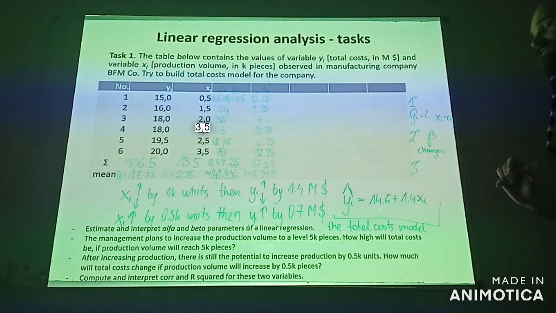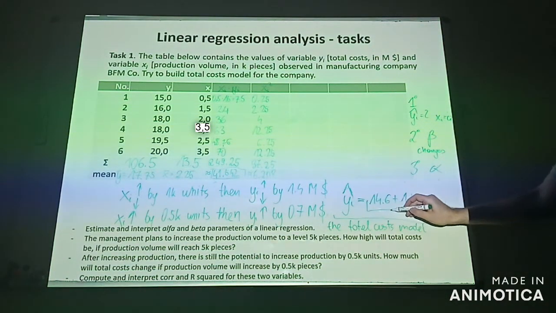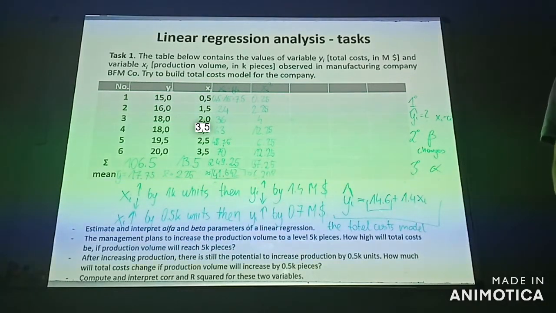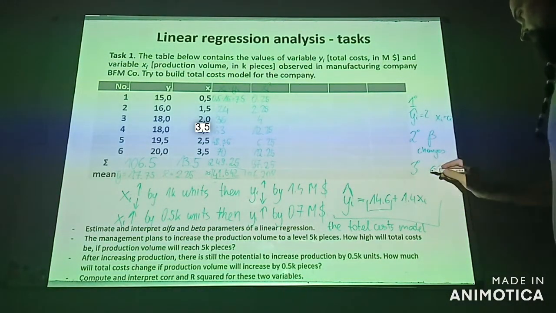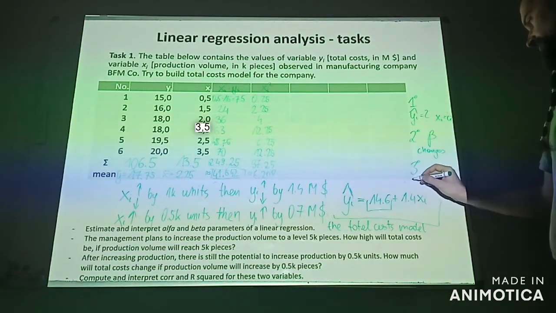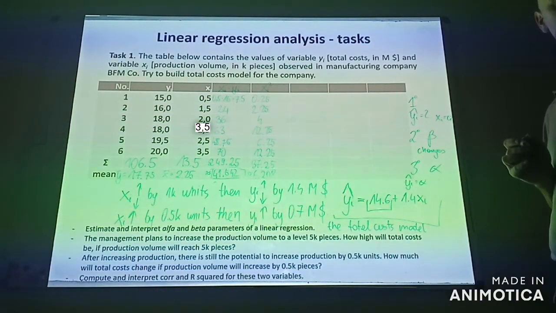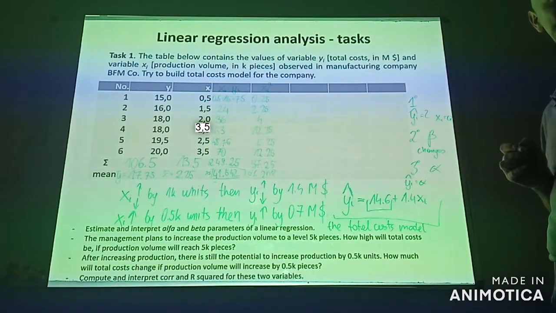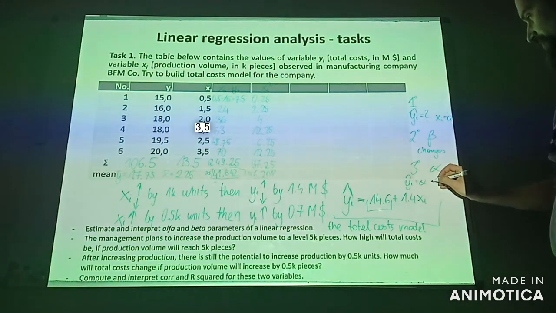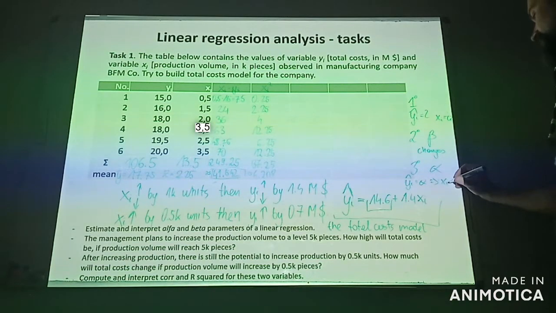And the third information, very important, is the interpretation of the alpha parameter. Here the alpha parameter takes the form of fixed cost. This is the level of the dependent variable if I set the level of the independent variable to 0.